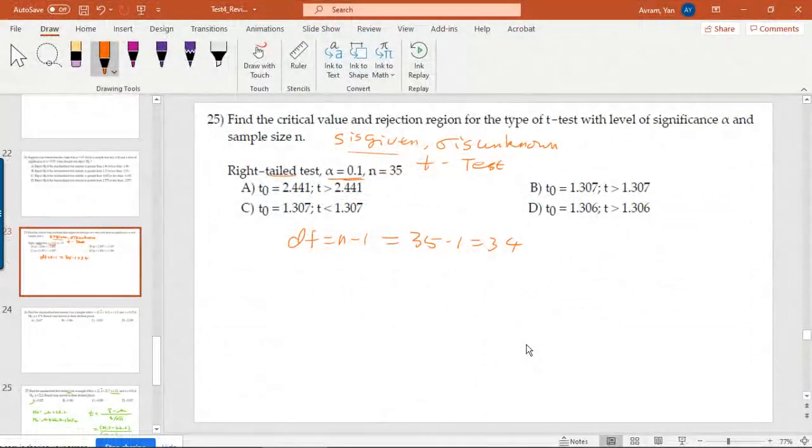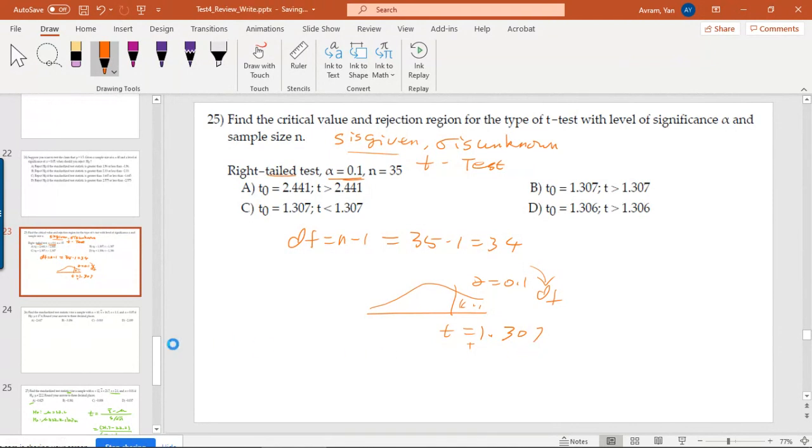Okay. All right. So that is a right tail test. So for the right tail test, the t here is 1.307, and this is positive, right? Because alpha is 0.1, and df is 34 right here. So that is the critical value for this question.